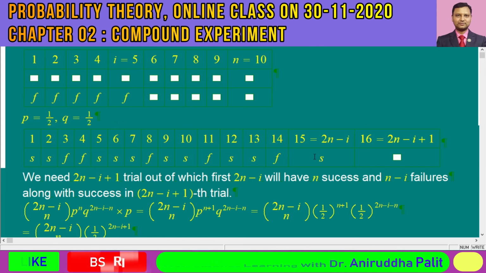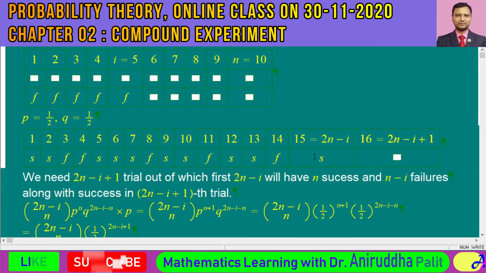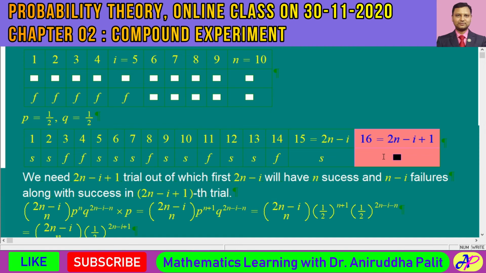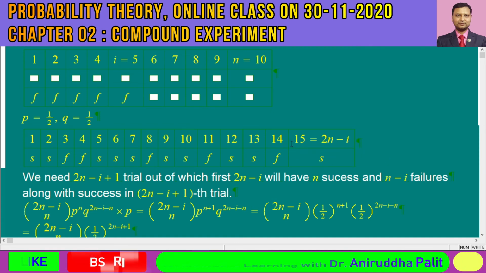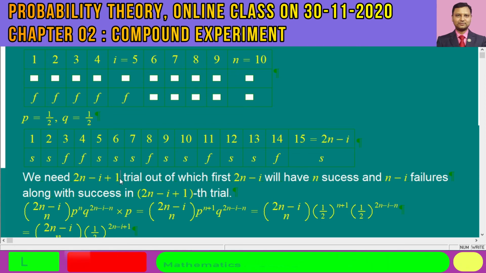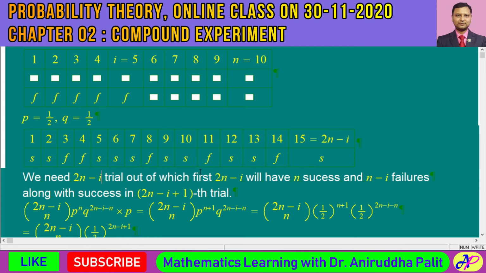In that case, forget about this one, I am deleting this column. We can say that we have twice n minus i number of trials. So in place of twice n minus i plus 1, we have twice n minus i number of trials.